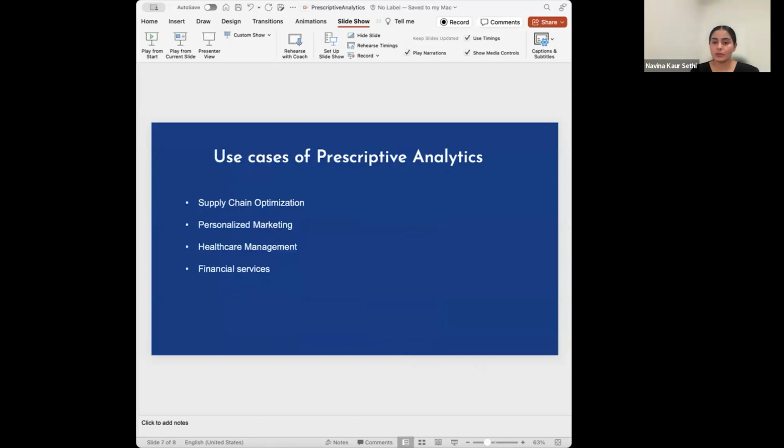So we'll go through some examples in each case. As we said, supply chain optimization: Walmart uses prescriptive analytics in its supply chain management to streamline inventory and delivery processes. Their advanced algorithm predicts what items are going to be in demand in different areas, and they optimize accordingly.